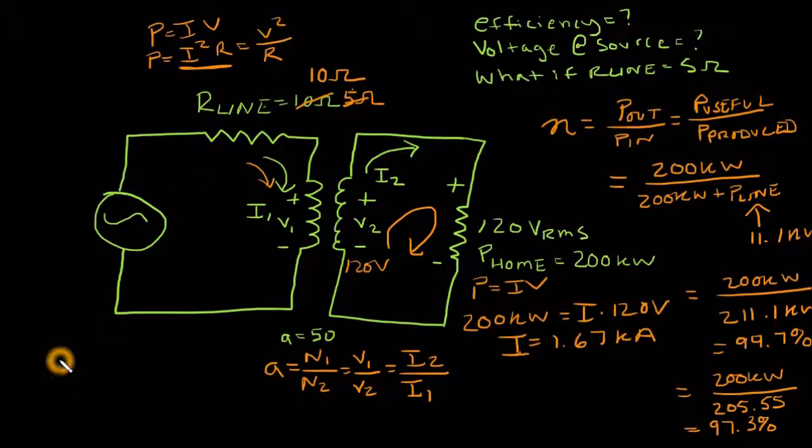Okay, so I can say 50, my A value right here, equals V1, which I don't know, that's what I'm solving for, over V2, which is 120. Okay, so then all I have to do is multiply over. Should get V1 equals 6,000 volts, so 6 kilovolts. Oops, not watts, that was volts.